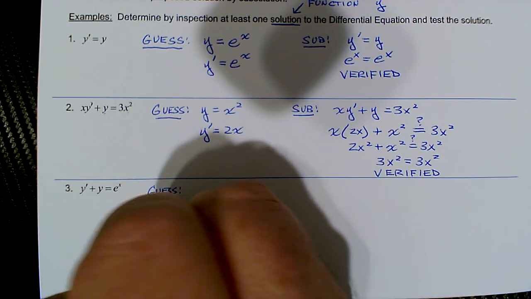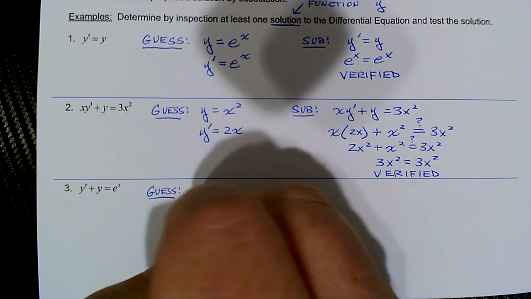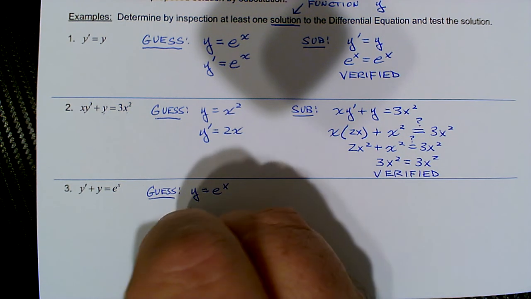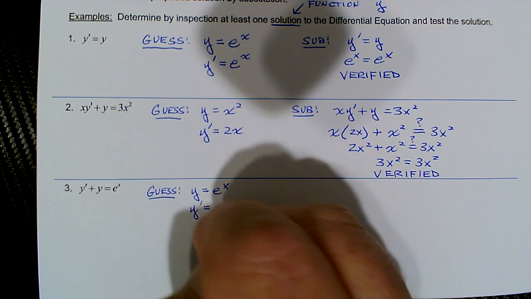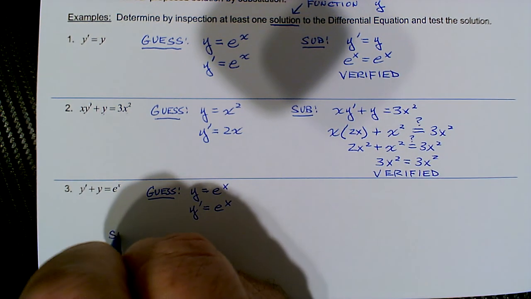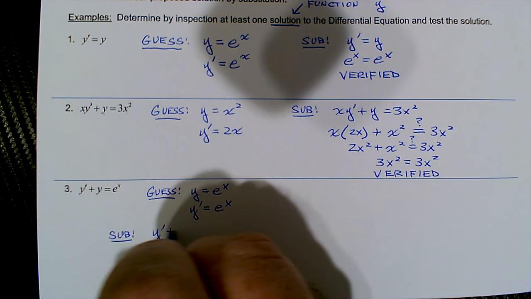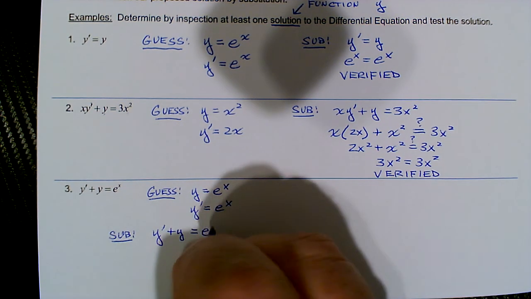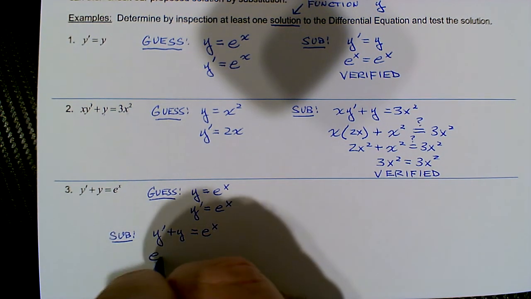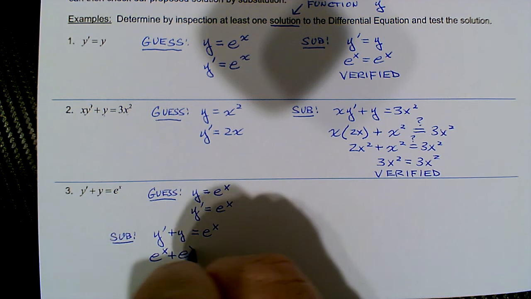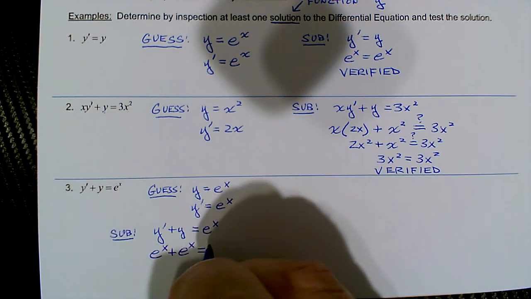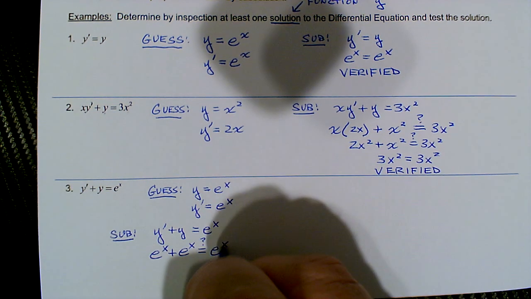I'll make my substitution below, because it actually doesn't work, because y prime plus y equaling e to the x. If y prime is e to the x and y is e to the x, that's not true. 2e to the x is not equal to e to the x. So therefore we'll modify the guess.